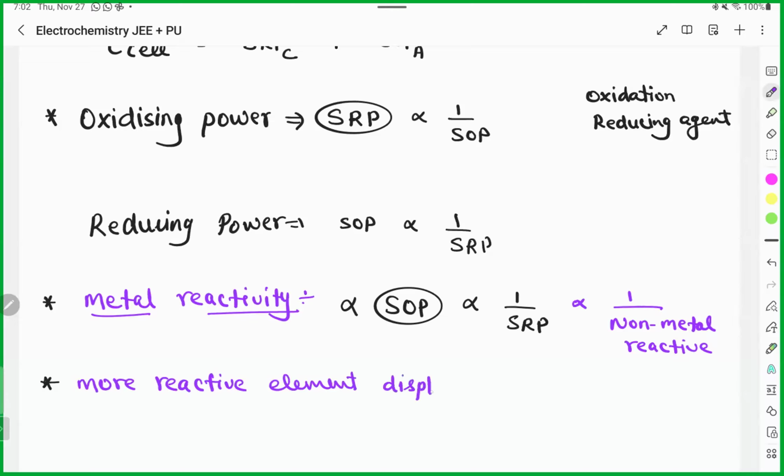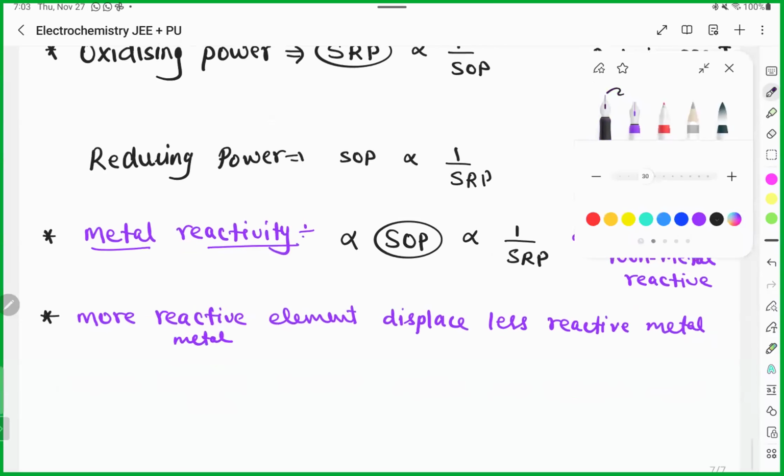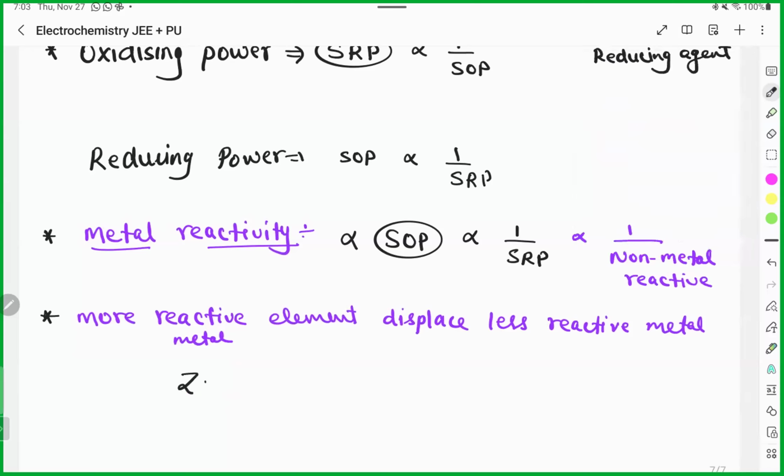A more reactive metal can displace a less reactive metal. Example, if you take zinc and copper, zinc can replace copper, but copper can never replace zinc.